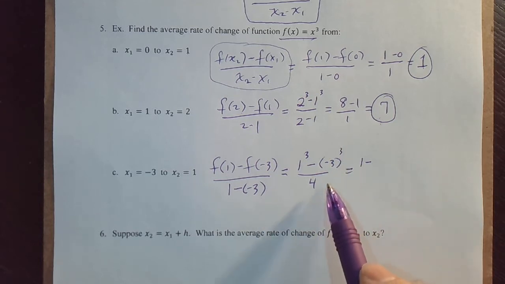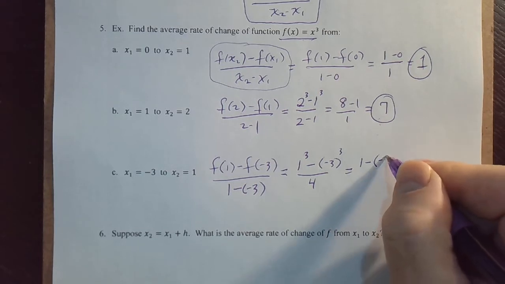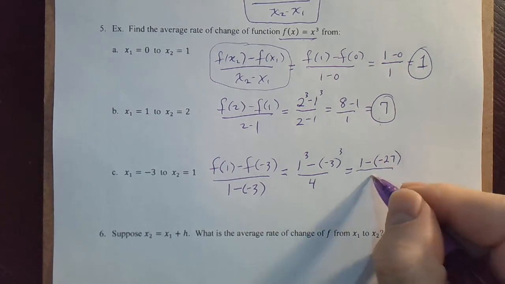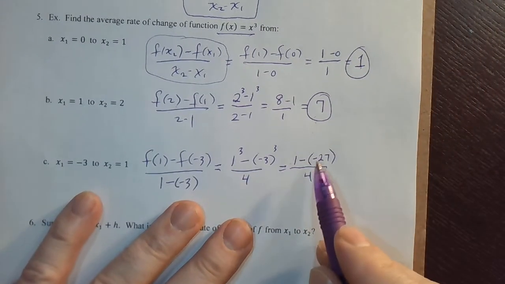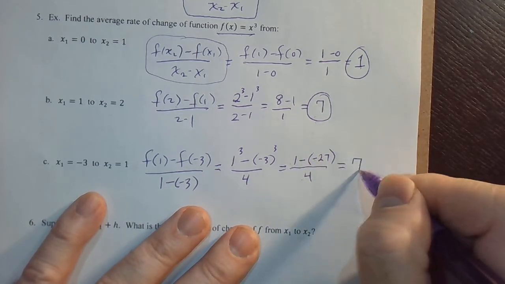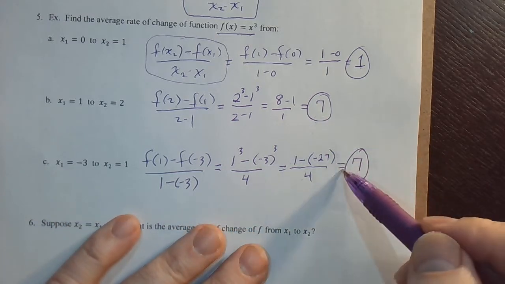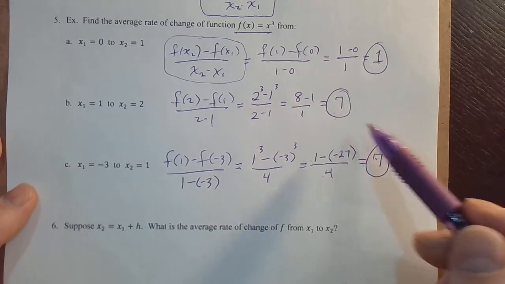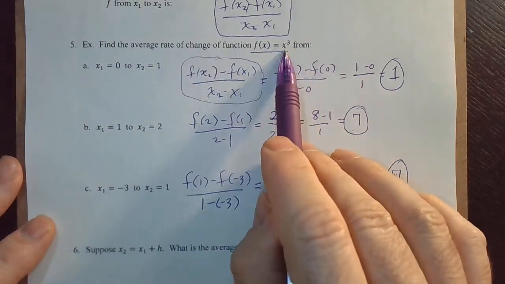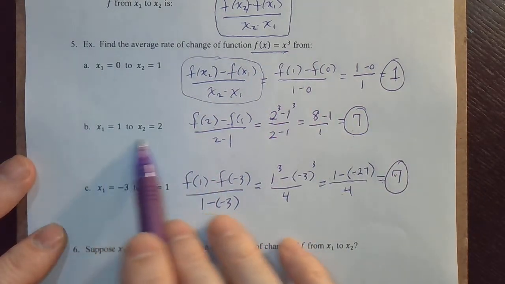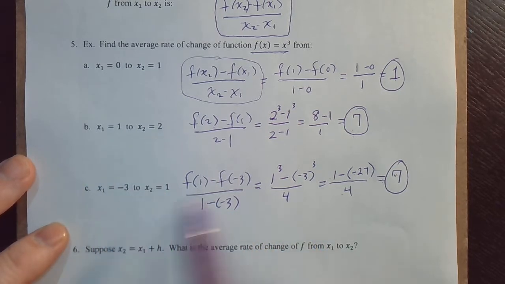Negative 3 times negative 3 times negative 3 gives us a negative number, negative 27, over 4. That is 1 plus 27, 28 over 4, 7 again. And trust me, this was absolutely coincidental. Don't think it's always going to work out like that. It might be fun for you to draw this graph, y equals x cubed, and connect these 2 points, and connect these 2 points, and verify that they have the same slope, which they will, of course.